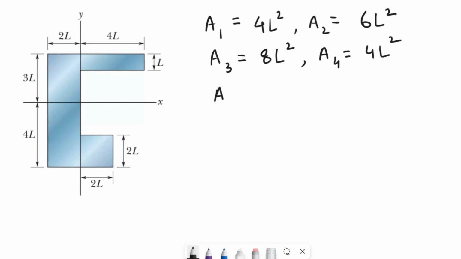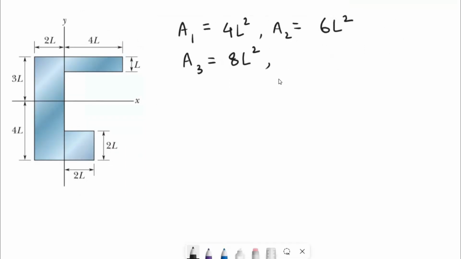So we need to find the total area. The total area is the sum of all of those: 4 and 4 is 8, 8 with 8 is 16, and then plus 6 is 22.